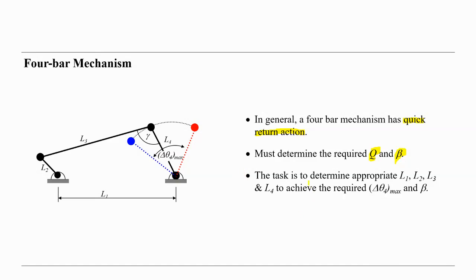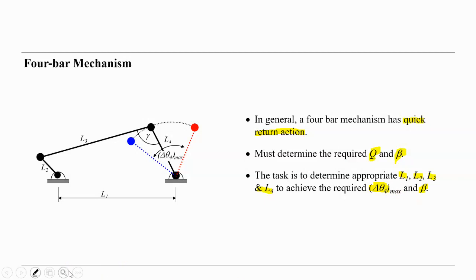So the task is to determine appropriate L1, L2, L3, and L4. That means the length of all the links, to achieve the required delta theta 4 maximum and the beta.